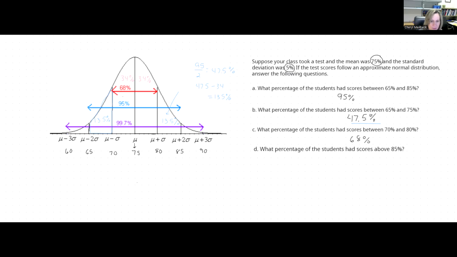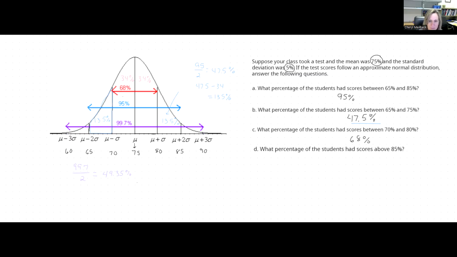So if we do 99.7 divided by 2, what will that give us? 49.35? Okay, so 49.35% of the data will lie above the mean to 3 standard deviations, and 47.35% of the data will lie below the 3 standard deviations below the mean.